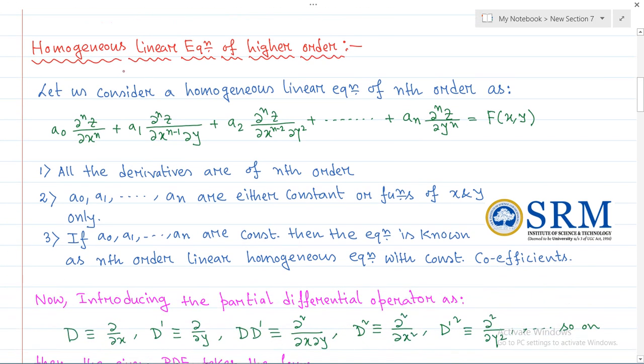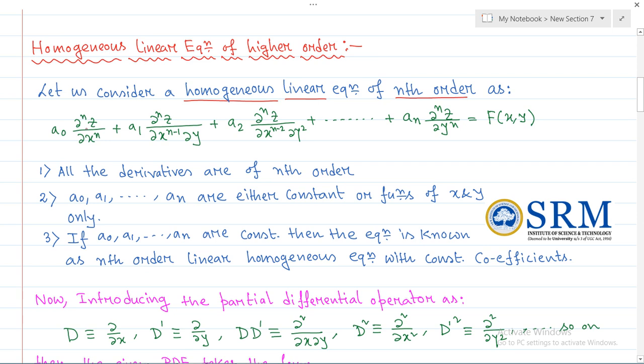So here we have taken the general form of a homogeneous linear nth order partial differential equation, where z is the dependent variable, which depends on two independent variables x and y. So what is the general formula?